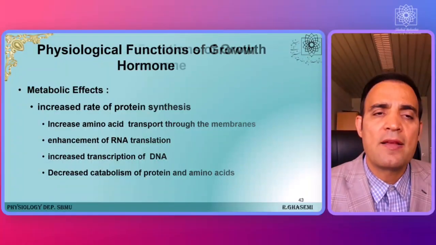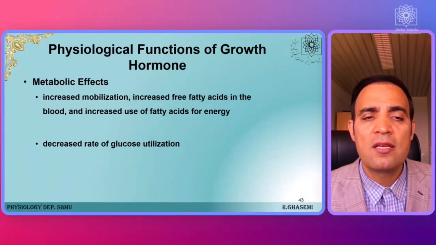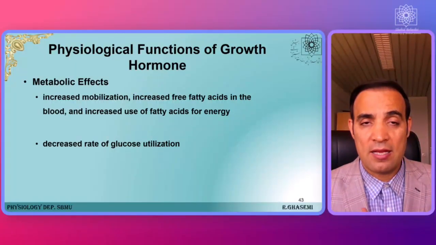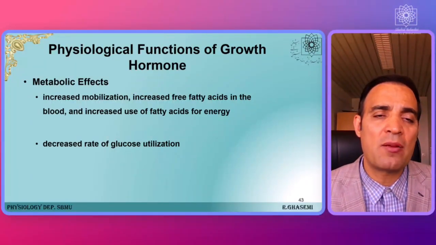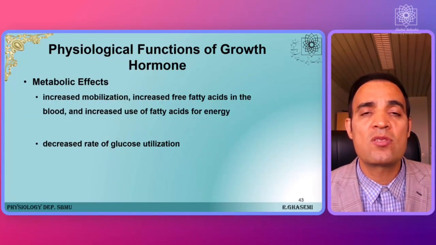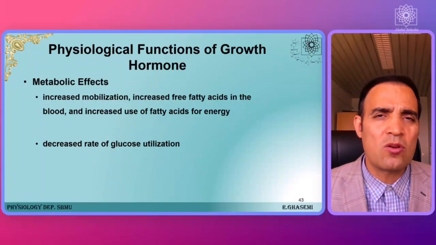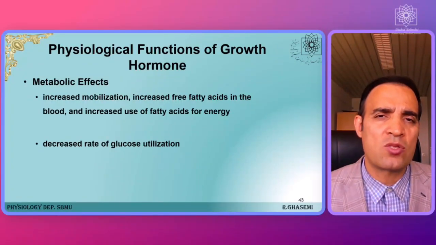On the other hand, growth hormone also stimulates the mobilization of free fatty acids into the blood as a source of energy, and also decreases glucose utilization. You saw on that picture that it was inhibiting glucose uptake.